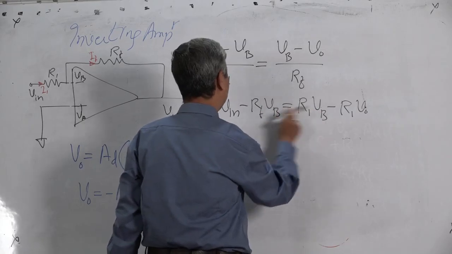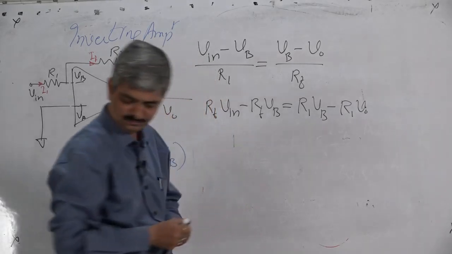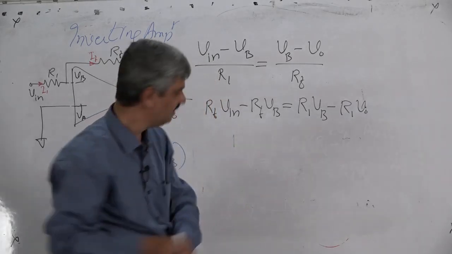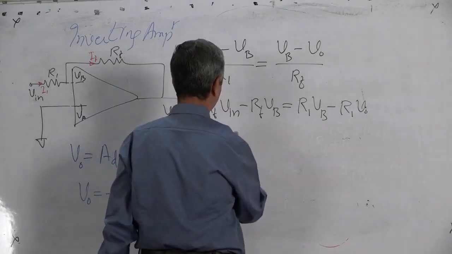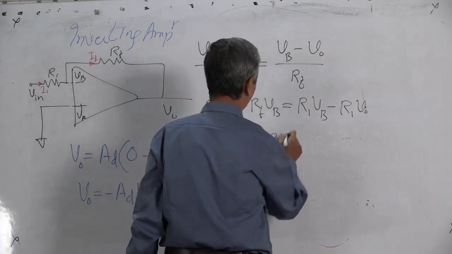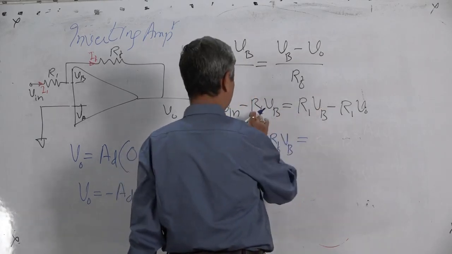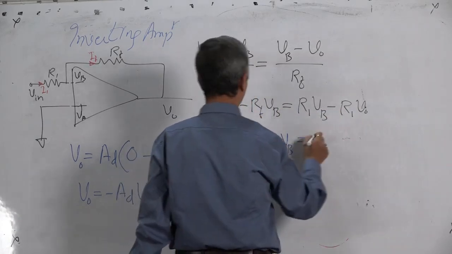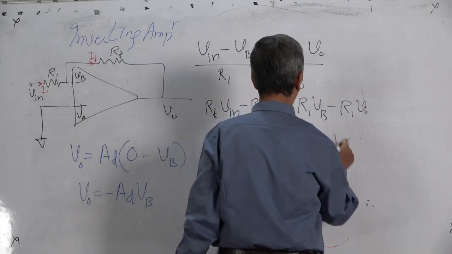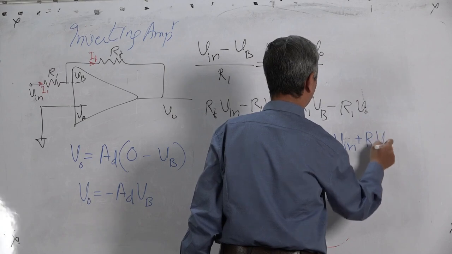So R1 VB plus RF VB is equal to, this you take on this side, this you take on this side, RF Vin plus R1 VO.